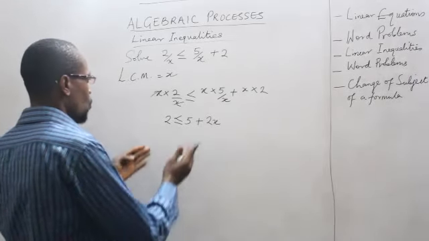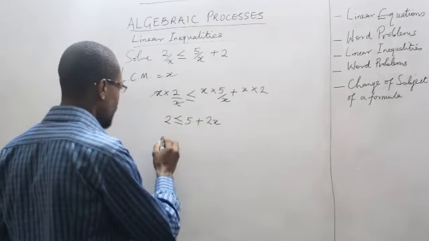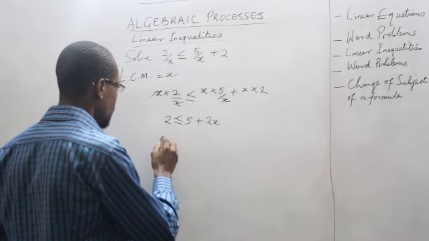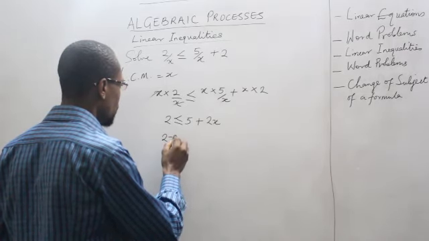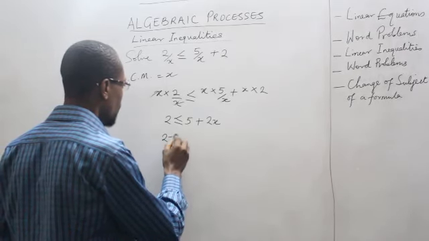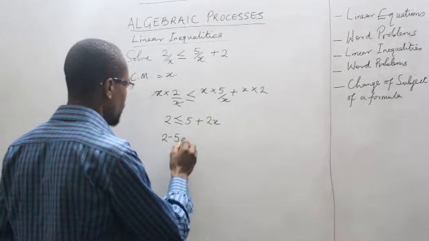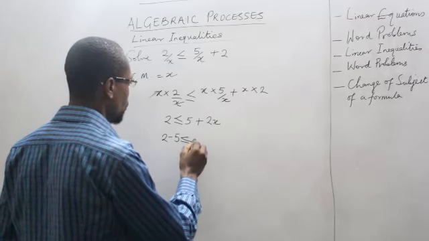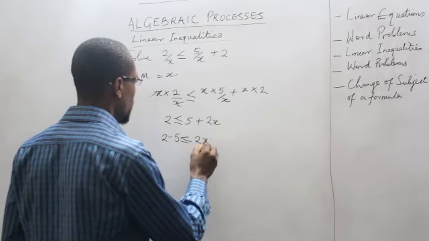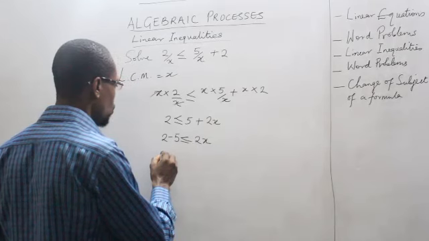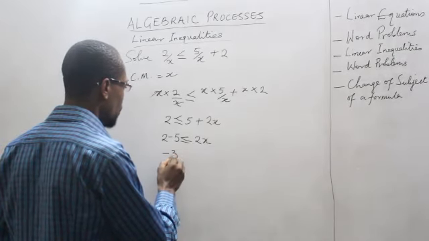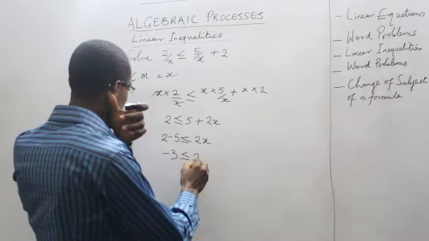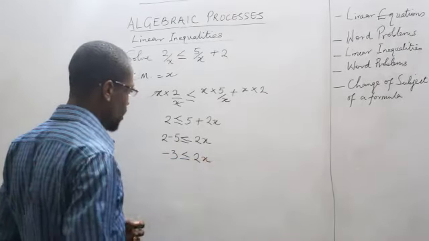Now, we collect like terms, and when we do, we have that 2 minus 5 becomes less than or equal to 2x. Now 2 minus 5 will give us minus 3, right? Okay, less than or equal to 2x. Beautiful.